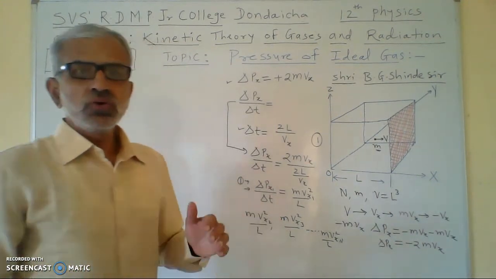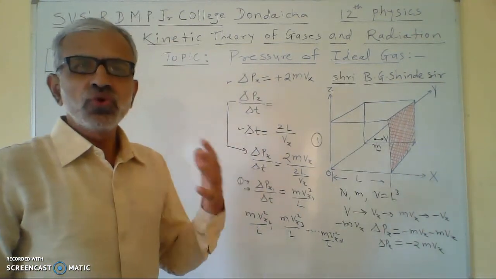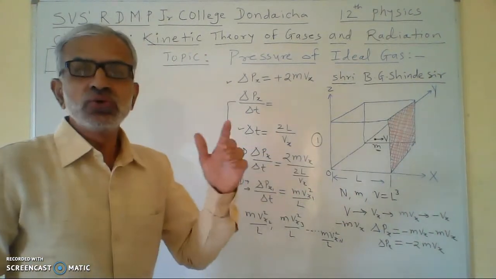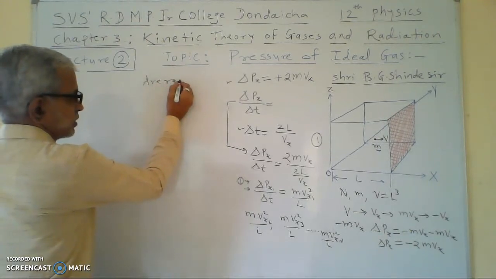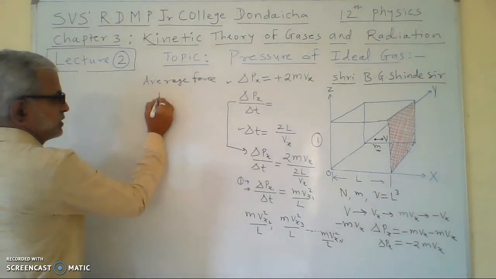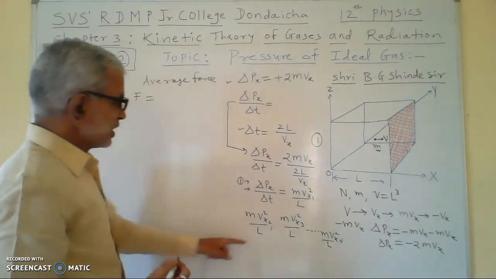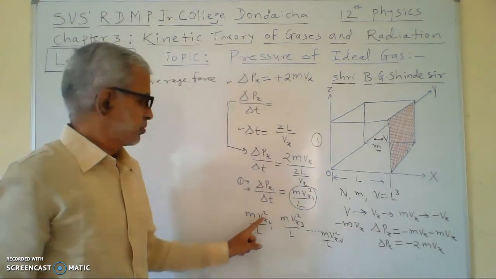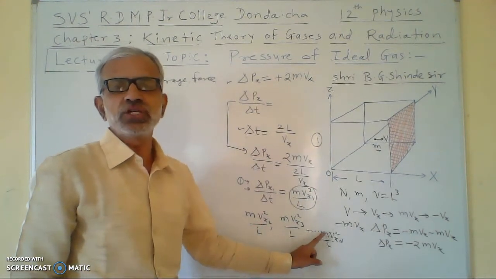Now, because of the rate of change of momentum, a force is exerted on this surface by Newton's second law. So the average force exerted on the surface will be F is equal to the change in momentum due to the first molecule plus the change in momentum due to the second molecule, plus the addition of all these.